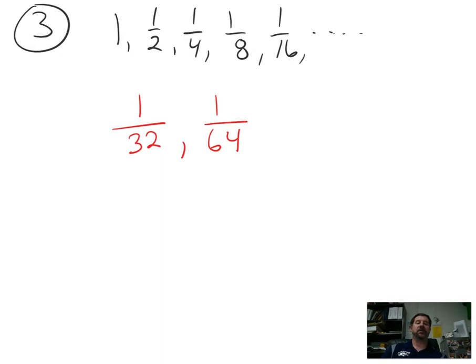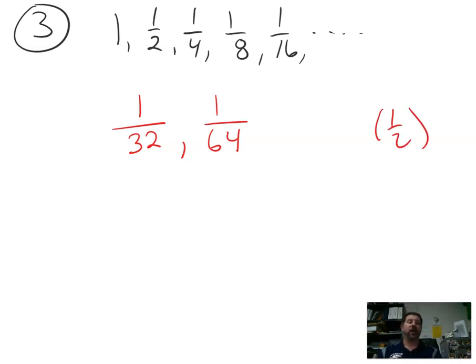And hopefully, as I was talking there, you probably noticed, hey, on the bottom, it looks like I'm just multiplying. The top is always 1. I'm just multiplying the bottom by 2 every time, right? So the next 2 terms would be 1 over 32 and 1 over 64. Or, leading us to our recursive formula, I am just taking each term and multiplying by 1/2, right?